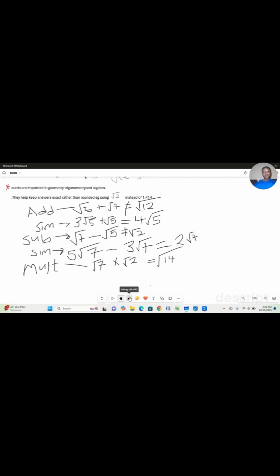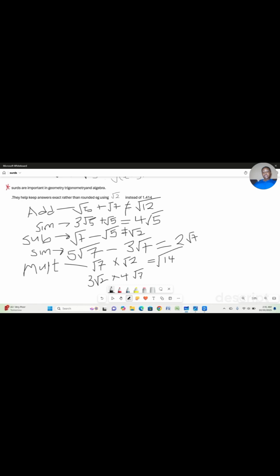We have 3 root 2 times 4 root 7. How are you going to solve this one?